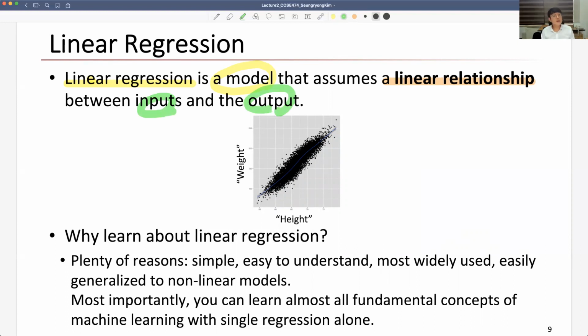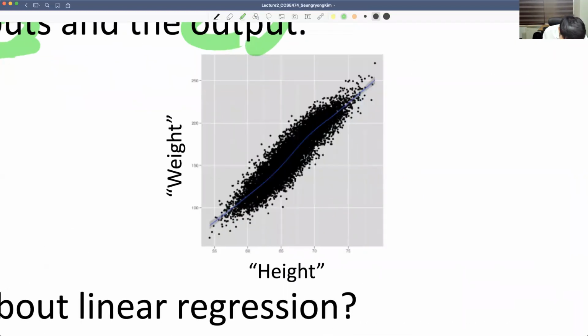Let's think about the relationship of height and weight. Some people have this height and this weight.